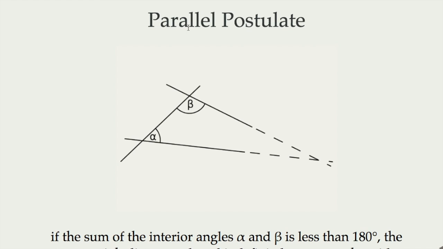Here, what it says is, if we have two lines and another straight line forming angles alpha and beta, and the sum of the interior angles alpha and beta is less than 180 degrees, then these two straight lines are going to meet on this side, somewhere here.